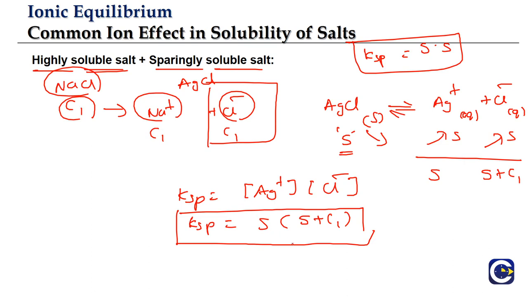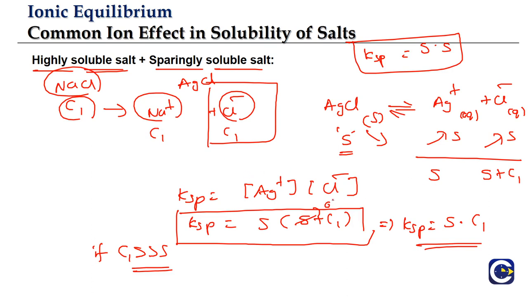Sometimes, if the C1 value is very high in comparison to S, then in this S plus C1 we can neglect the S value, because it is small. So we'll have a simplified formula, which will be equal to S into C1. When will we use it? When the concentration of the common ion coming from the highly soluble salt is very high in comparison to the S values.